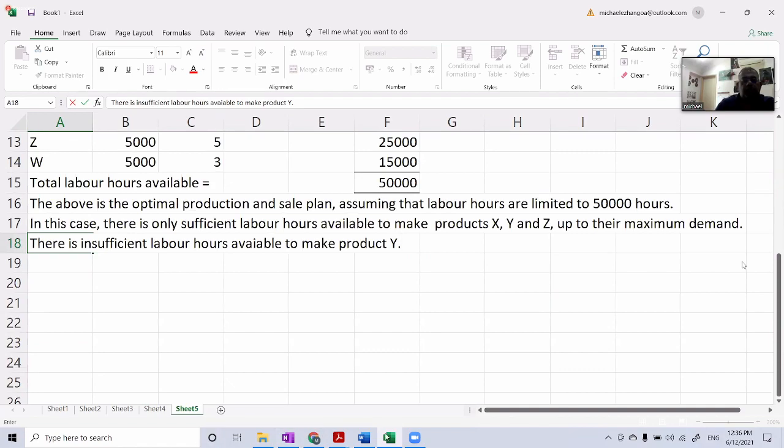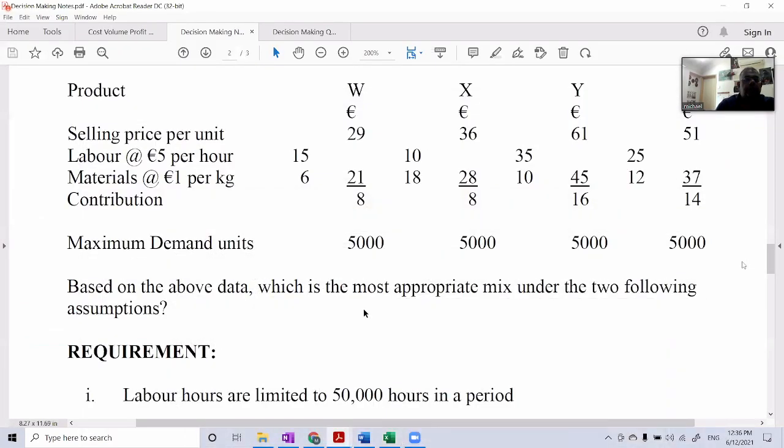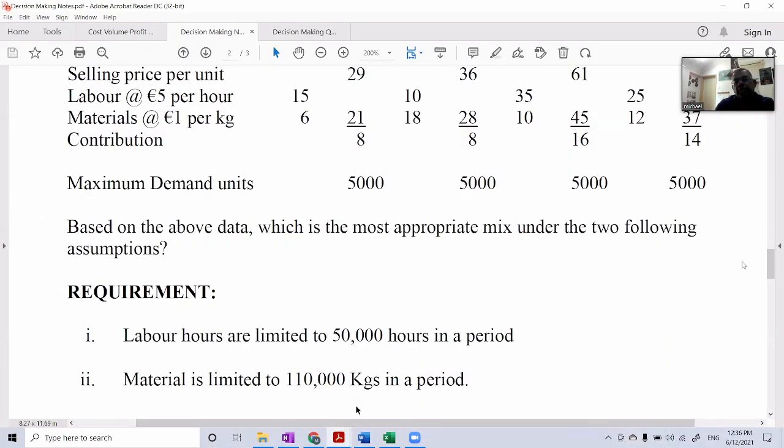Now, the second one, if you go back to your question, it says number 2, material is limited to 110,000 kgs in the period. All right.